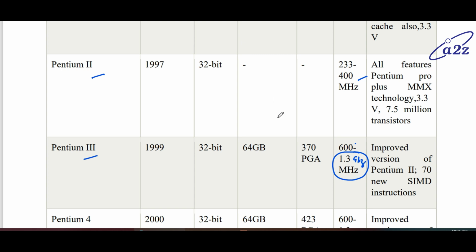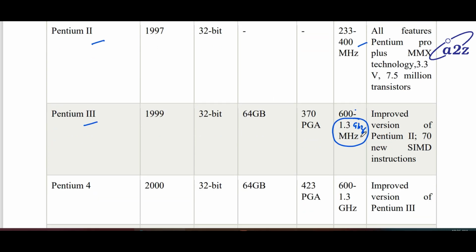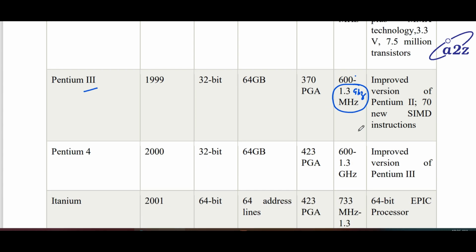Okay, so it goes from 600 megahertz to 1.3 gigahertz, like this. Pentium 4 again is the same, only the number of pins has been increased in Pentium 3 and Pentium 4.